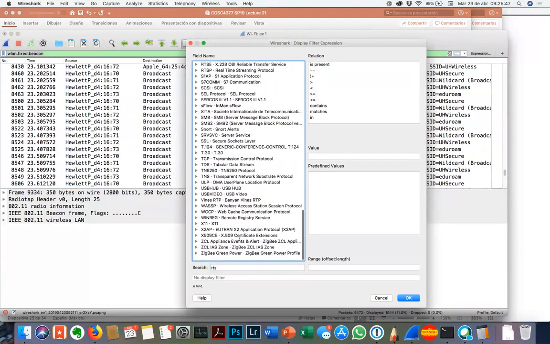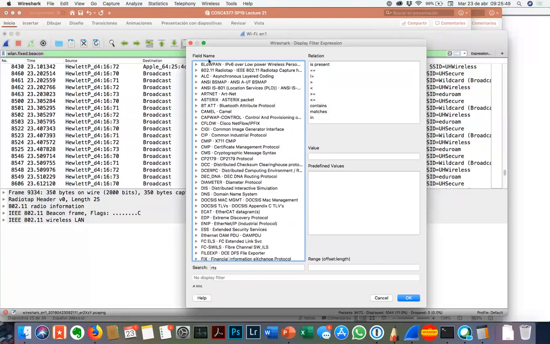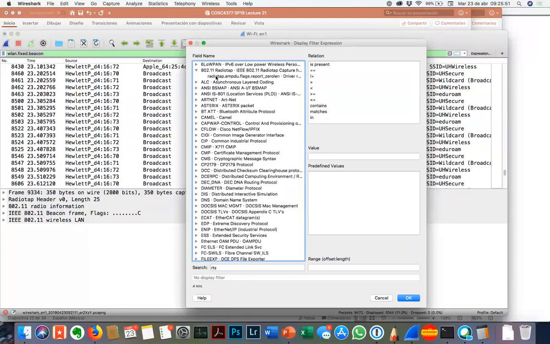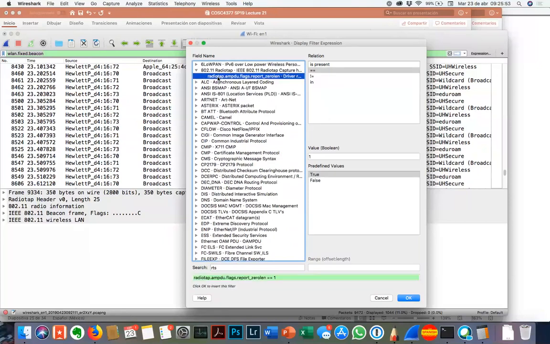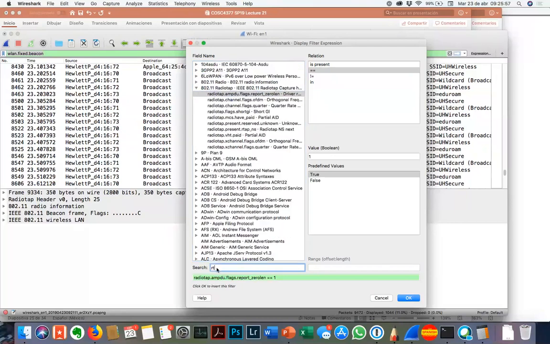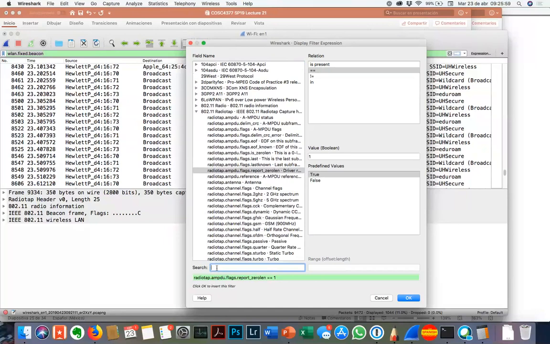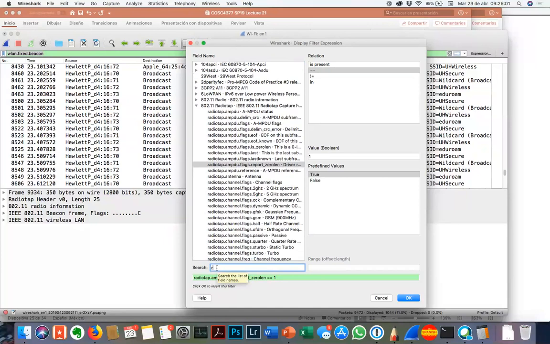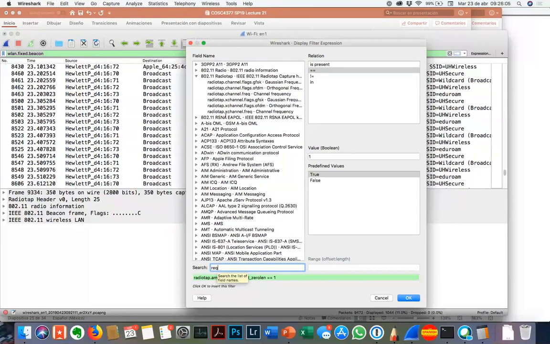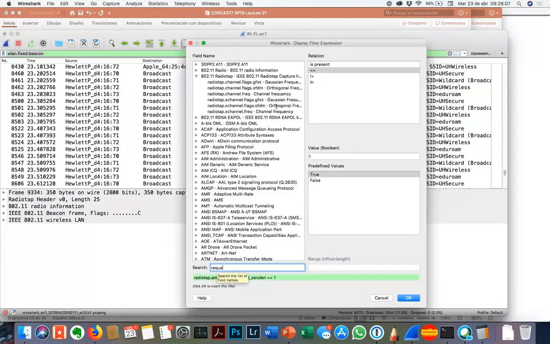Okay, let's see if I can find it in here. 802.11 are the numbers at the end. Here we go. That's really not what I want. How about, try this. Request to, come on, you can do it. Just narrowing it down letter by letter.